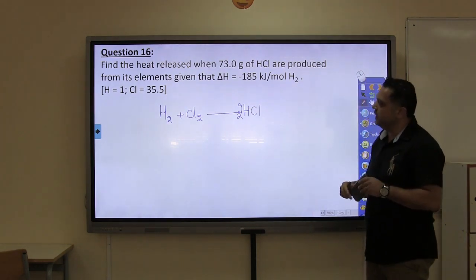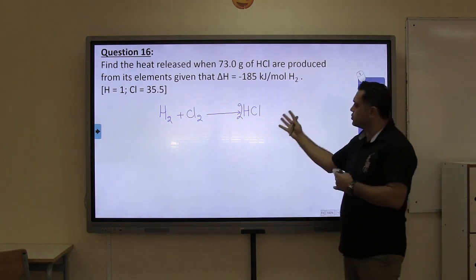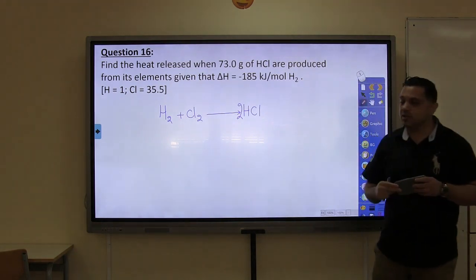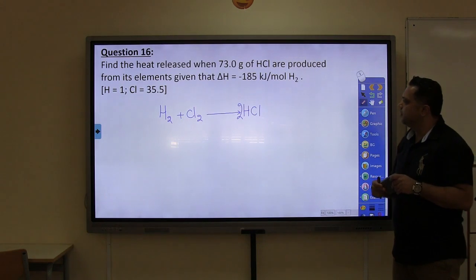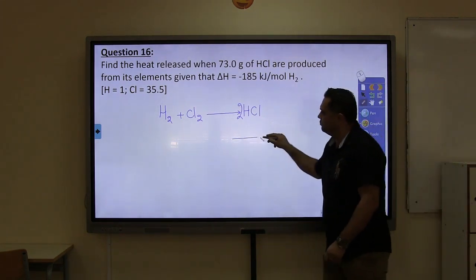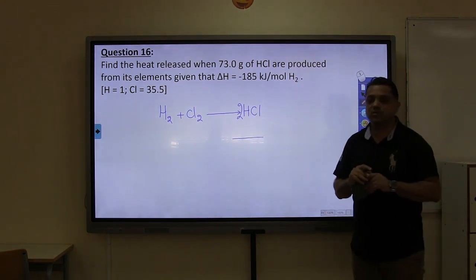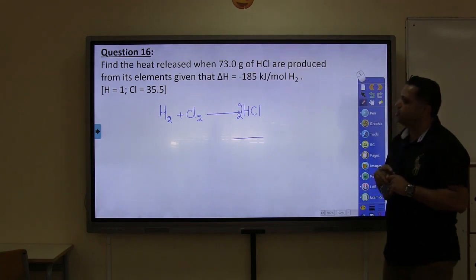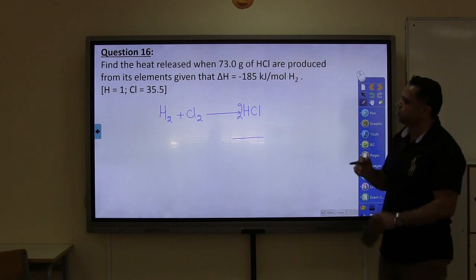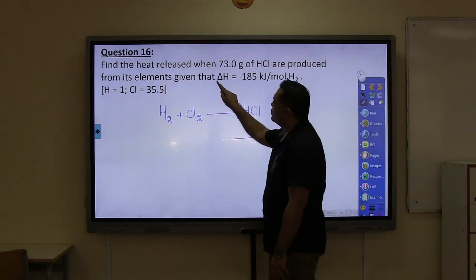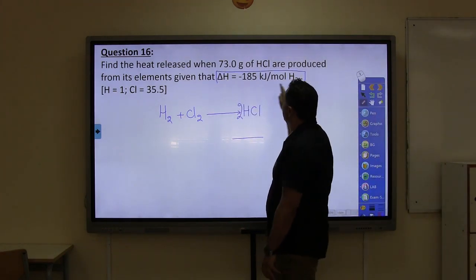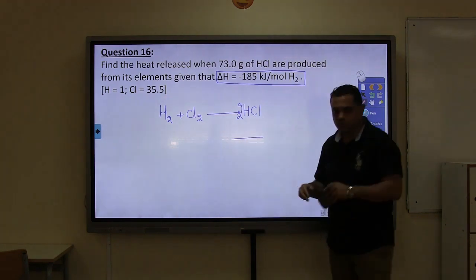Find the heat released, so we need some energy here, when 73 grams of HCl, so I need HCl, so I will draw just a line under HCl, are produced from its elements, given that delta H is equal to minus 185 kilojoule per mole hydrogen.